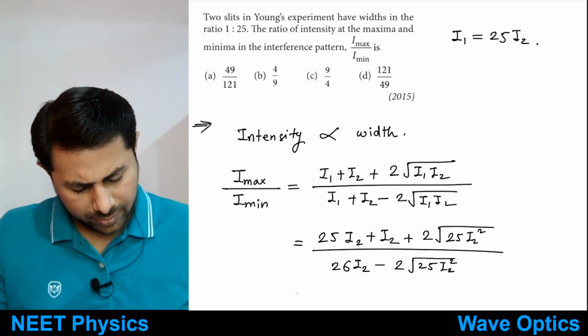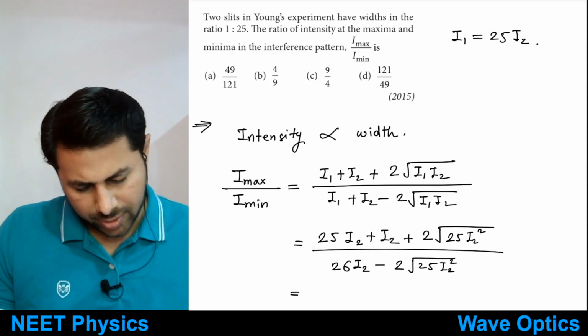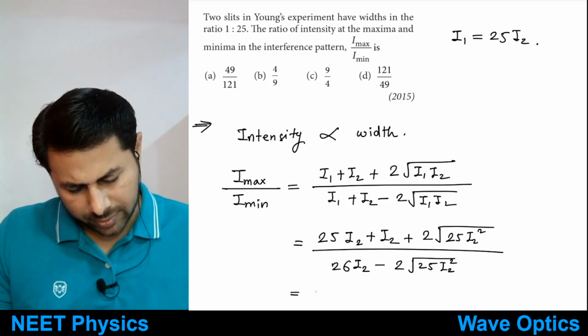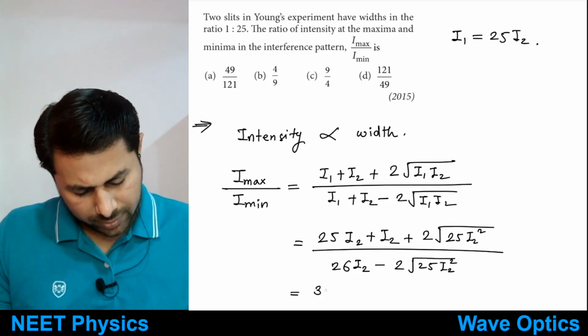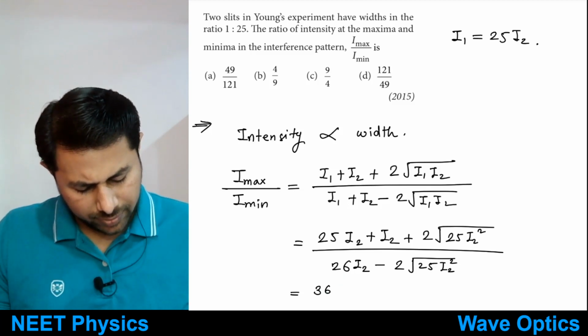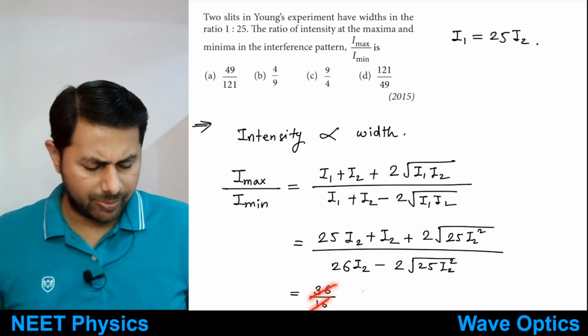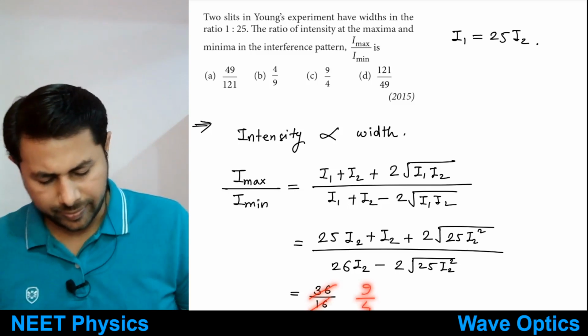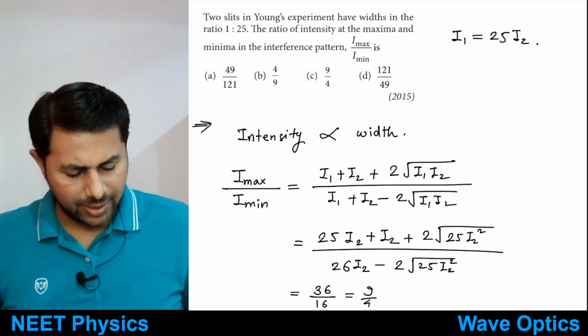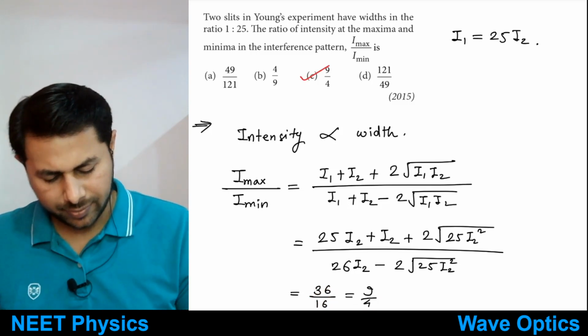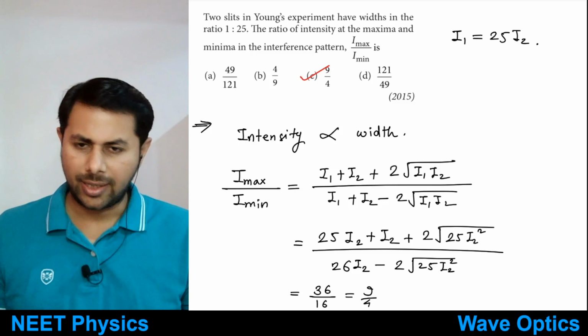Is that correct? 36 is to 16. It's divisible, right? Divided by 4, it will be 9 is to 4. That's the answer. So option C, right?